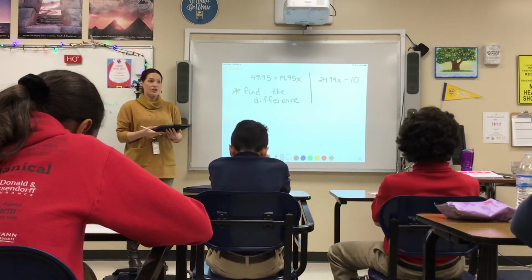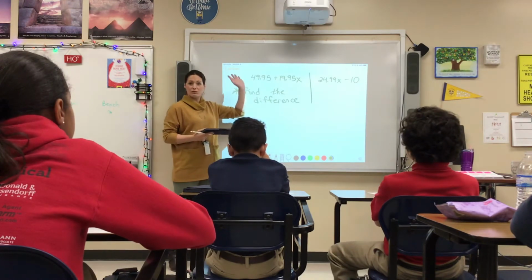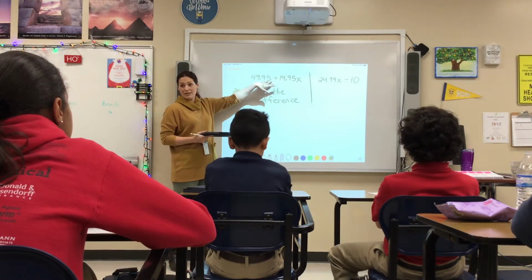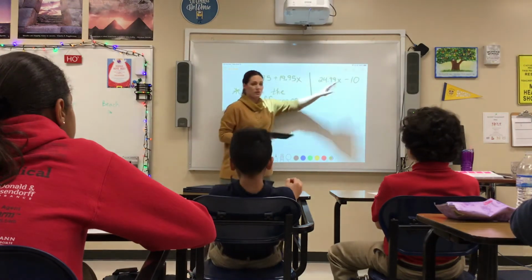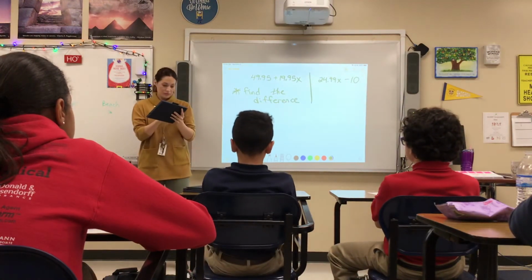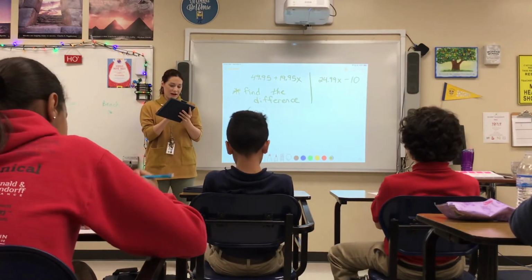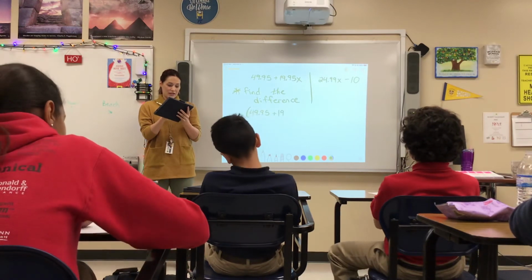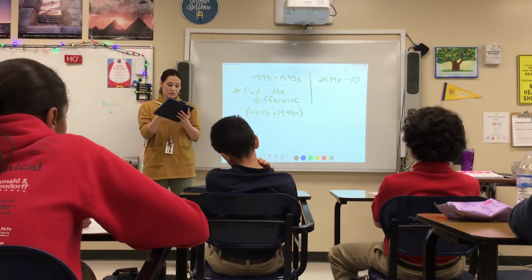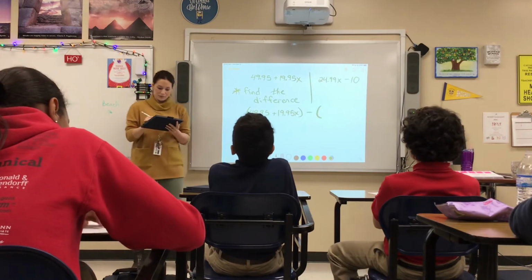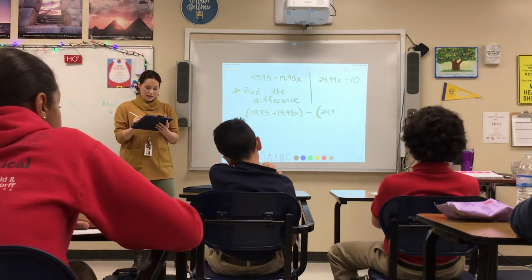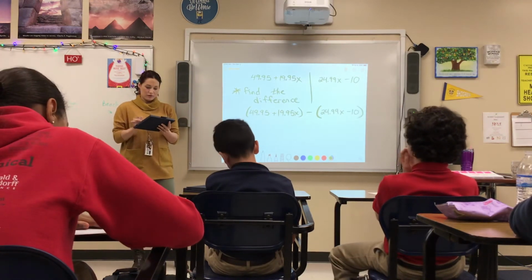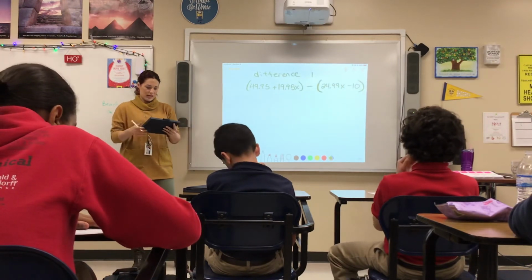So if we want to find the difference, we need to find the subtraction between the two. This one starts out quite a bit more expensive, so we're going to do this one minus this one. So ($49.95 + $19.95x) minus ($24.99x - 10). Yeah. That's what I'm trying to do.